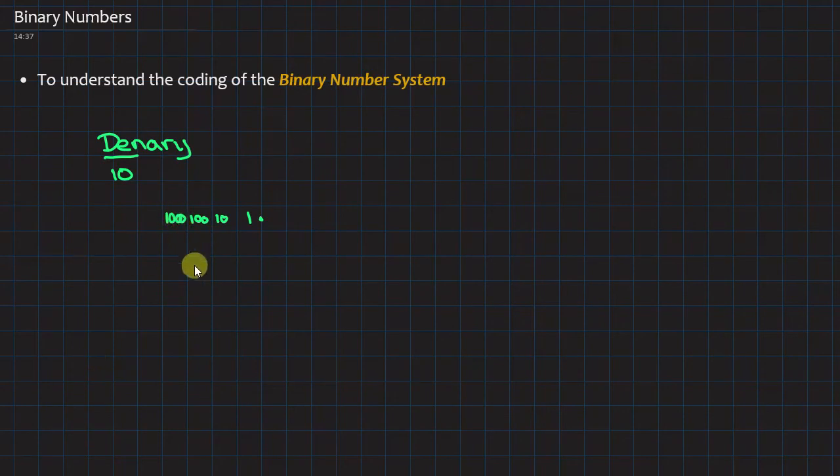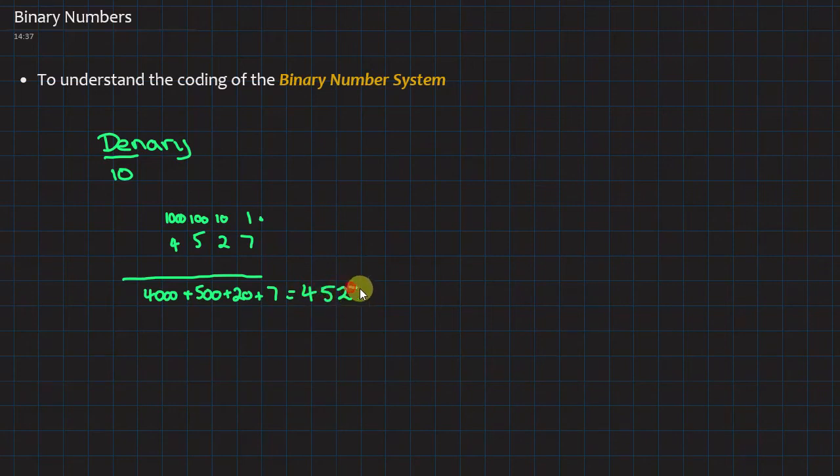And then next to each place, when we put the numbers in, we get 4, 5, 2, 7. And this number we know is 4 thousands and 500s and 20 plus 7 ones is 7. And that's how the denary number system works. That's what each place holds.